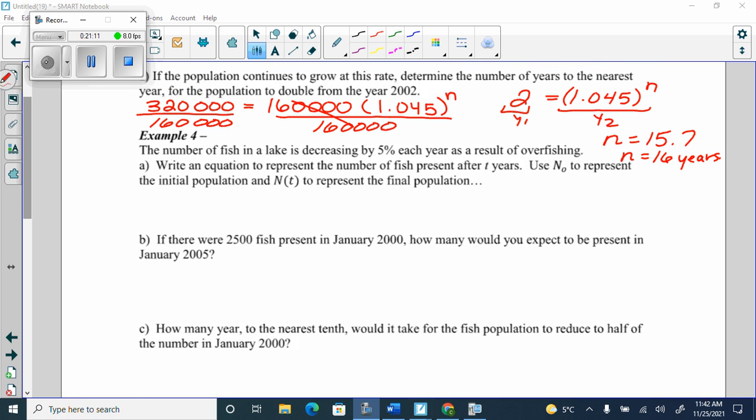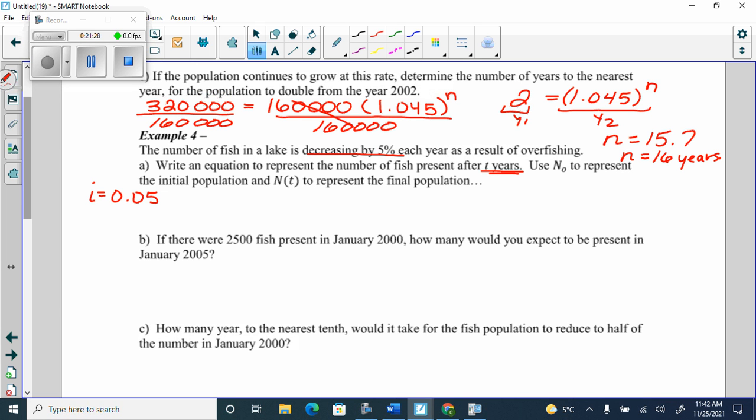So this one says the number of fish in a lake is decreasing, so we know we're going to have to use 0.05, but we're going to have to subtract. And it wants us to write an equation. Now this is giving us variables, so we have to use them. Write an equation to represent the number of fish present in T years.